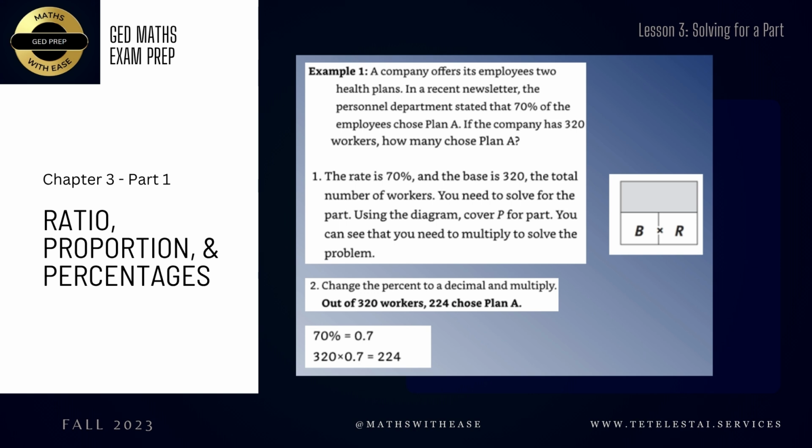And X always represents a part of something, right? Well, sometimes X can represent the base, but you want to read carefully, right? Here we know that 320 is all the workers. So therefore X must be the part, right?